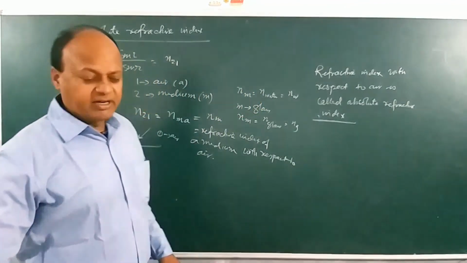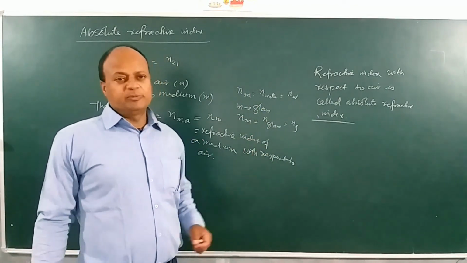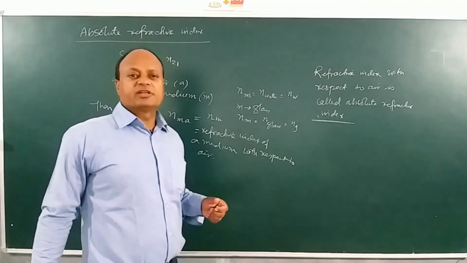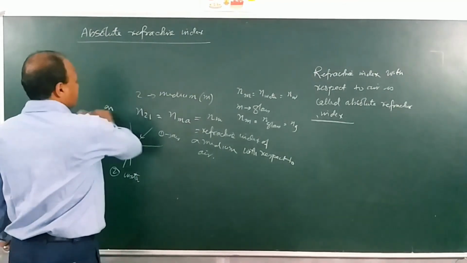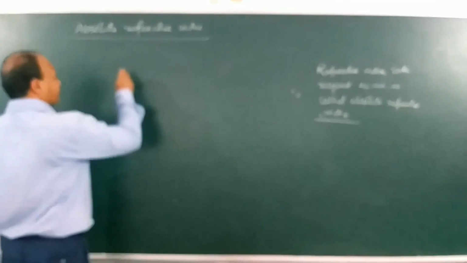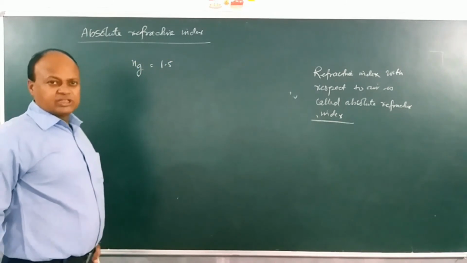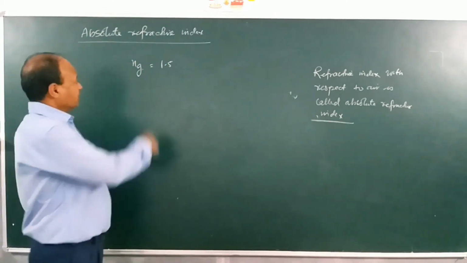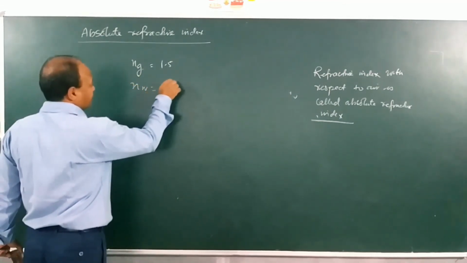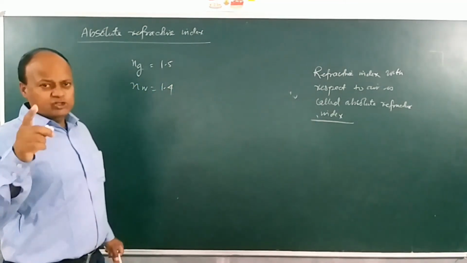So every time I say refractive index of a medium is this much, that will be a refractive index of the medium with respect to air, or absolute refractive index. For example, suppose I say refractive index of glass is 1.5. That's with respect to air, because the other medium is not stated. Refractive index of water is 1.4. So this is absolute refractive index of water with respect to air. So bear all these things in mind.